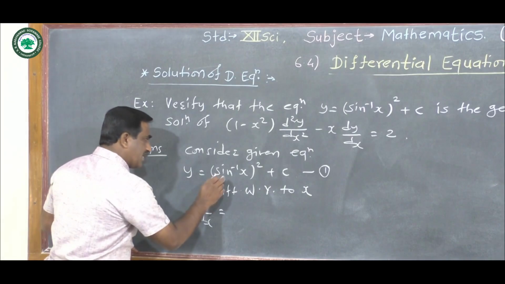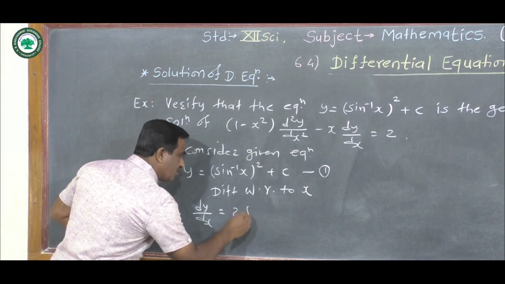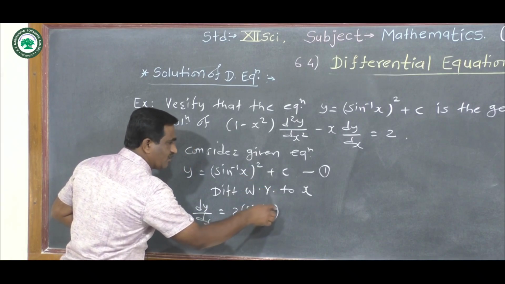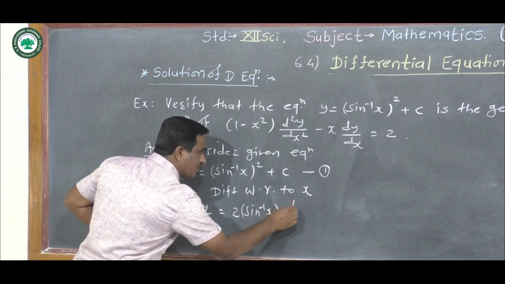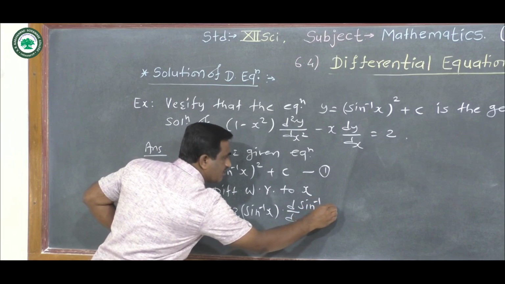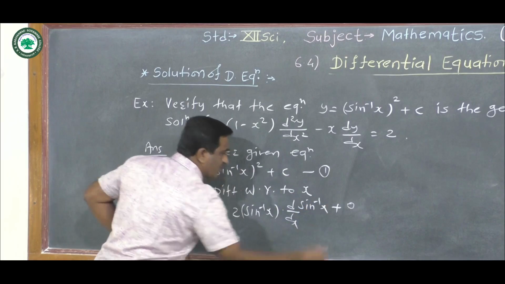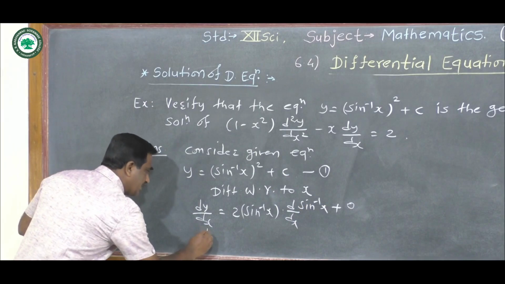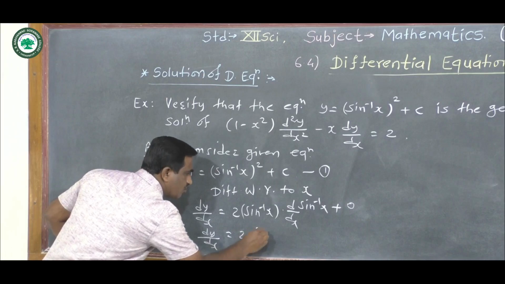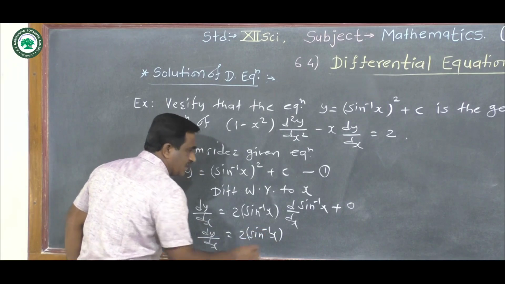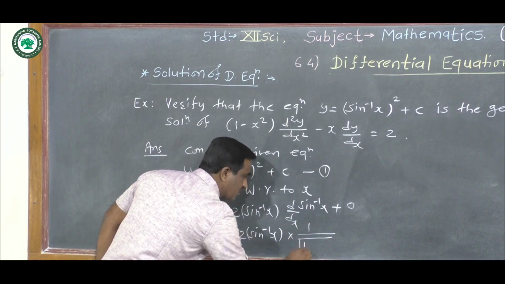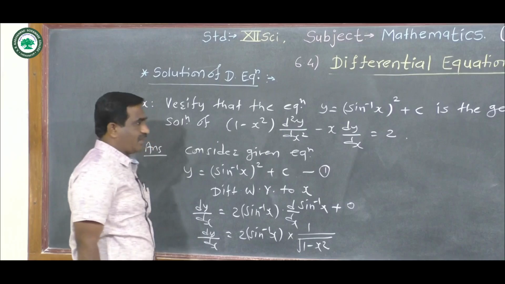Using this formula, we can write the derivative of this as 2 into sin inverse x bracket raised to 2 minus 1 means 1, into dy dx of sin inverse x, plus the derivative of the constant term c is 0. Okay, that is dy by dx is equal to 2 into sin inverse x into the derivative of sin inverse x, which is 1 upon under root 1 minus x square.